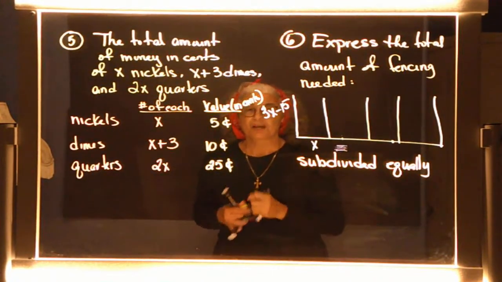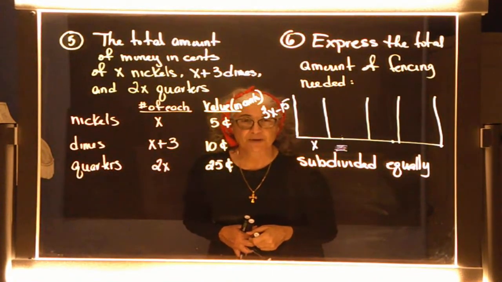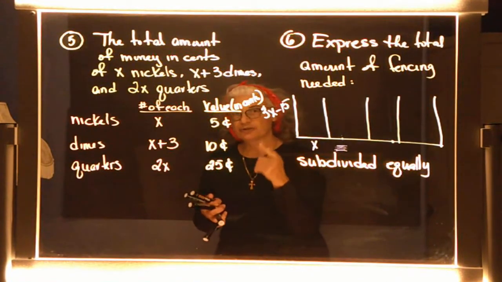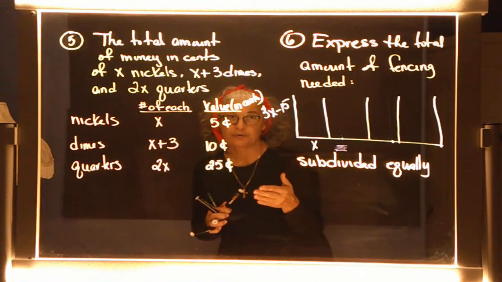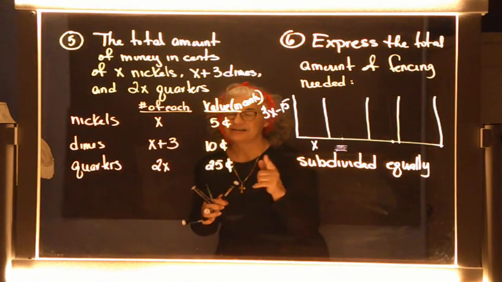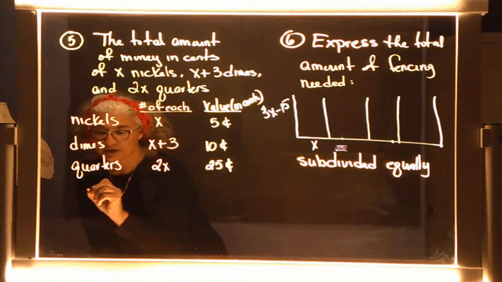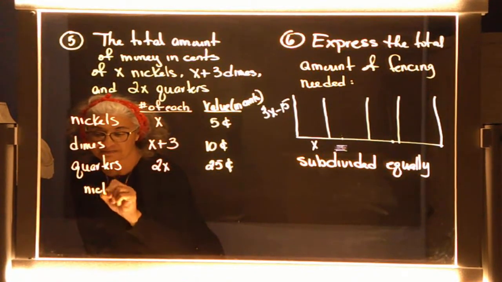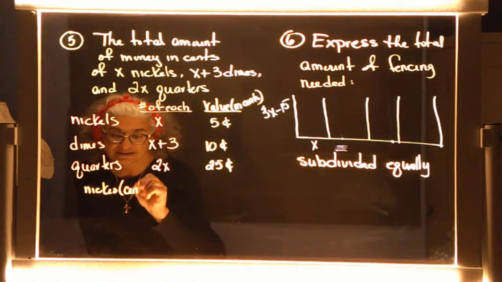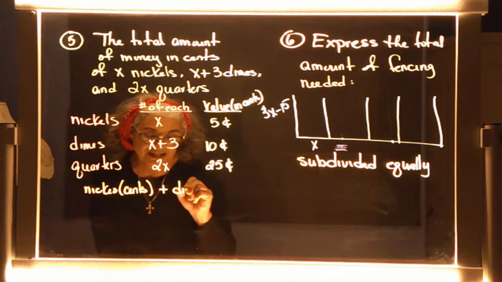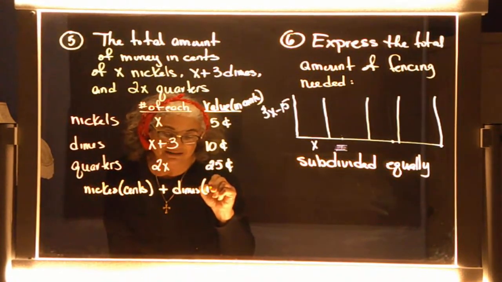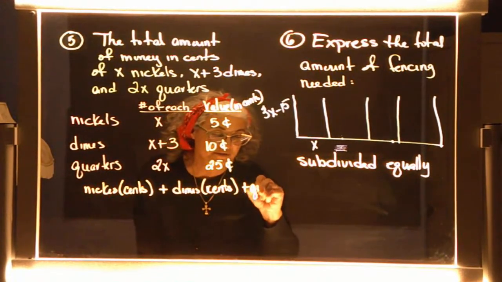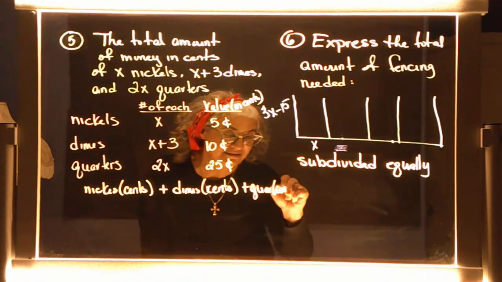So total represents, again, the sum. Excellent. Which means to get the sum, you are going to add. Good. So let's think about this. We're going to add the nickels in cents plus the dimes in cents, right? Plus the quarters in cents.